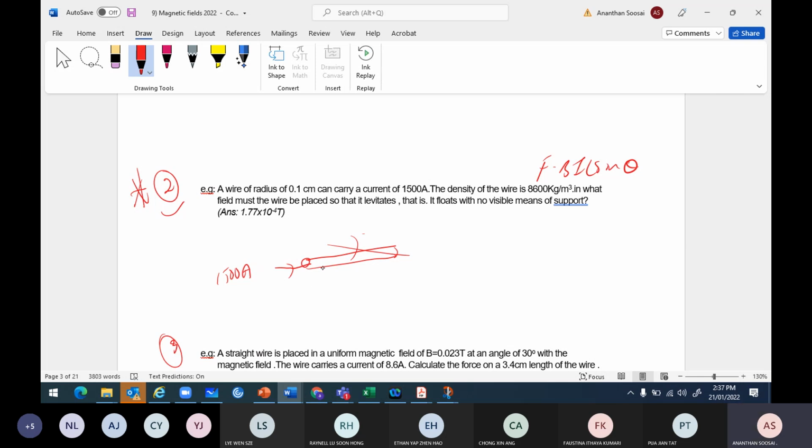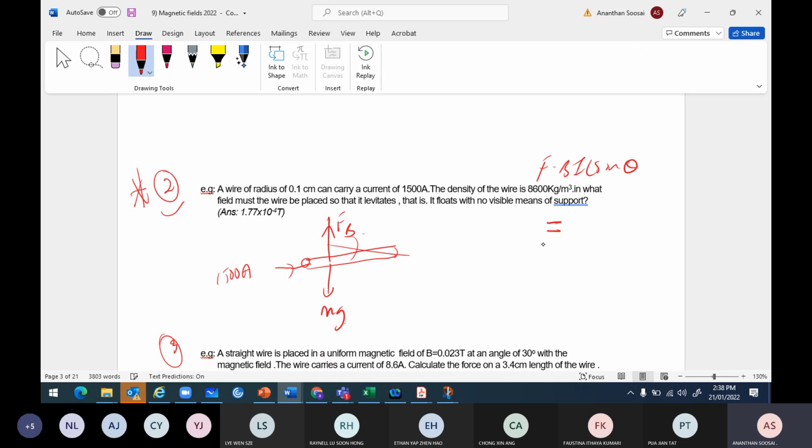It can levitate, right? The weight of the wire, mg, acts down, until the magnetic force. We place the direction of the magnetic field such that the magnetic force is upwards. We increase the current, and now they say 1500 ampere is enough for it to levitate. So when it levitates, what equals to what?